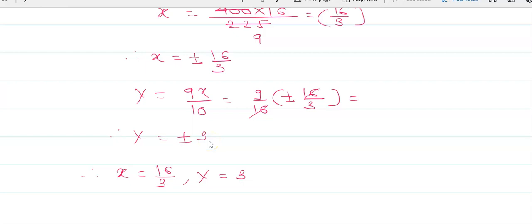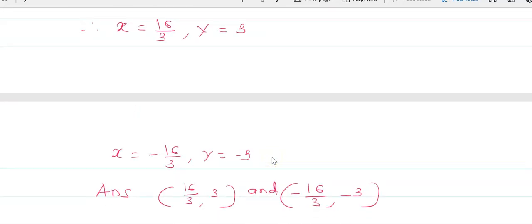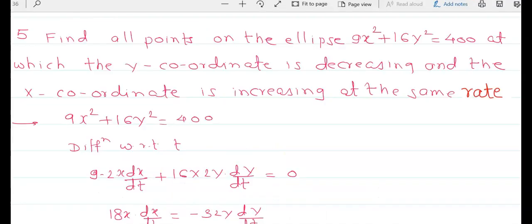Therefore when x is equal to 16 upon 3, y is equal to 3. And when x is equal to minus 16 upon 3, y is equal to minus 3. These are the points. Now this is treated as the same rate, not the same time.